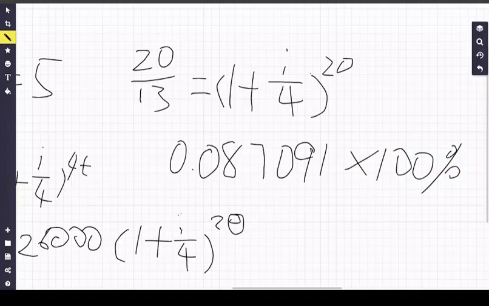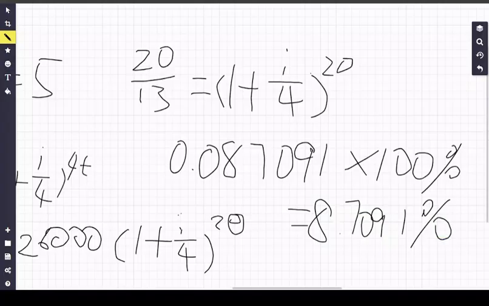Well, to be precise, 8.7091%. Good, so with that, we have officially figured out our interest rate. And note that because we defined our term here as x instead of i over 4 as x, we're actually directly getting the interest rate.